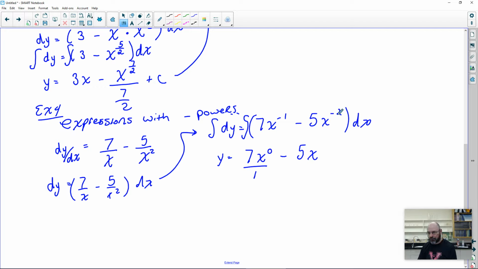And then this one here, if we add 1, we get negative 1, and we're dividing by negative 1, plus c. So this would be y equals 7x plus 5x to the negative 1 plus c. Don't forget your c. Okay, so there's an example where you have some negative exponents.